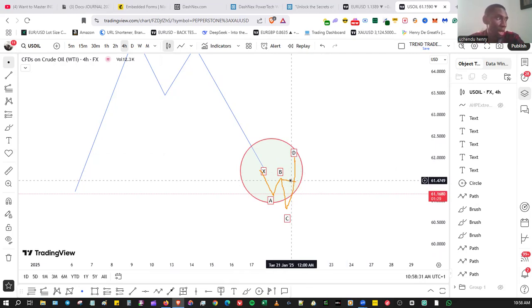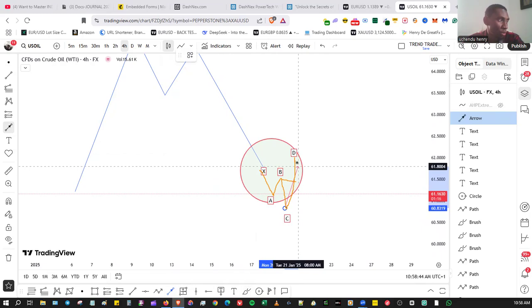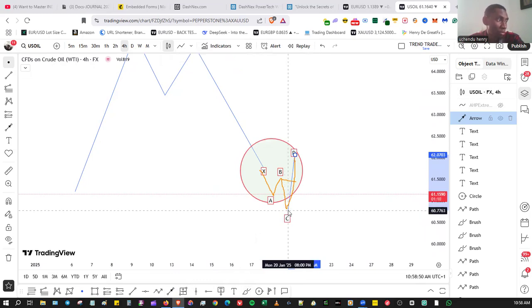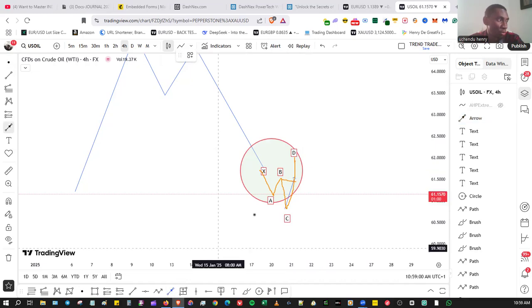So how do we validate that this move up is a displacement move? Because what you will discover sometimes is that price will come to this point and then drop below.